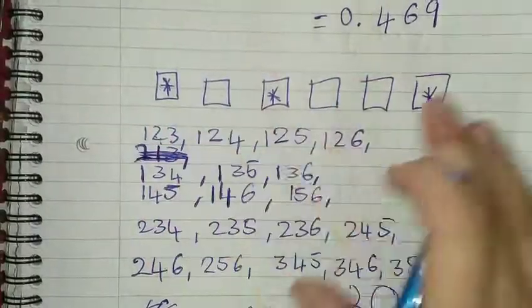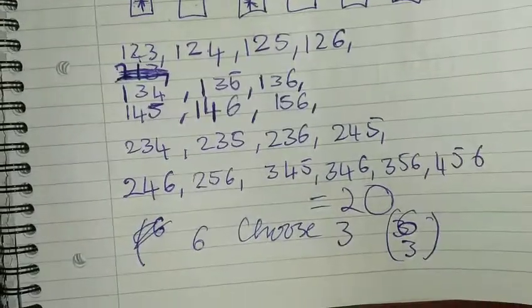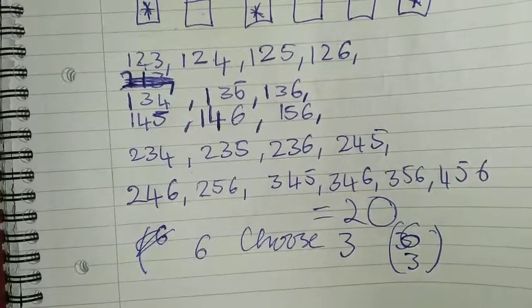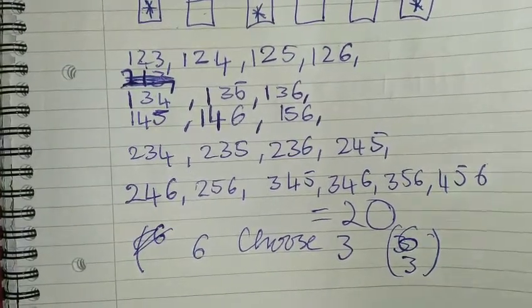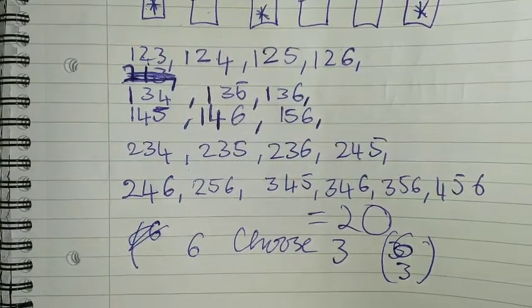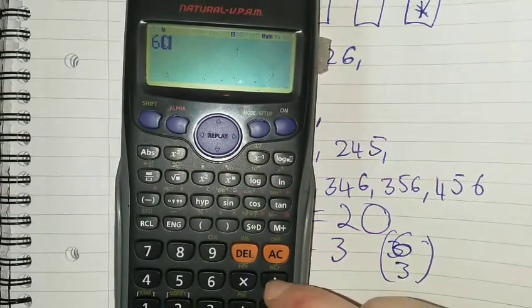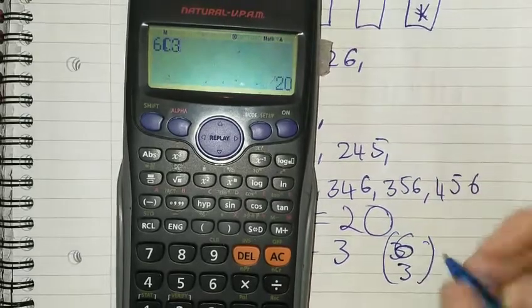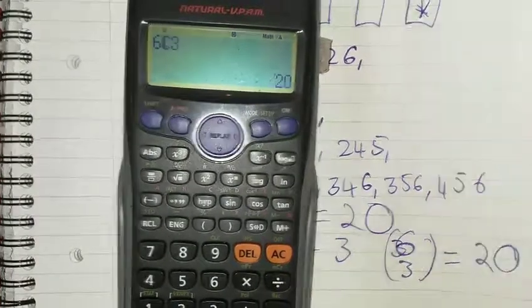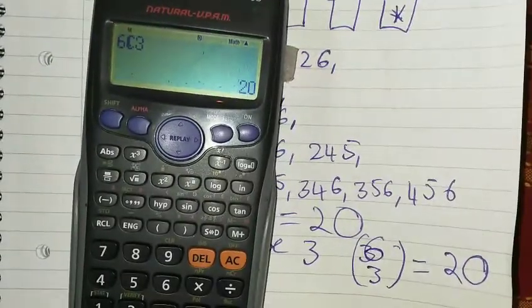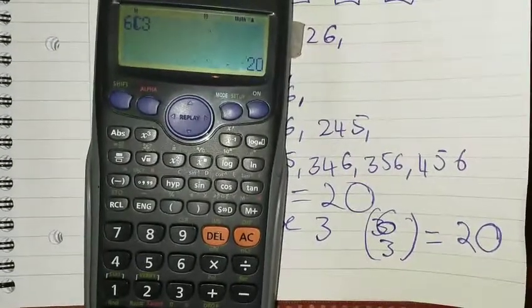So we have 6 options and we're choosing 3 of them. If we want to get that function on our calculator, it's going to be 6 and then shift and then the C button here and then 3, and we get 20. So we have 2 options of the way that we could answer that question.